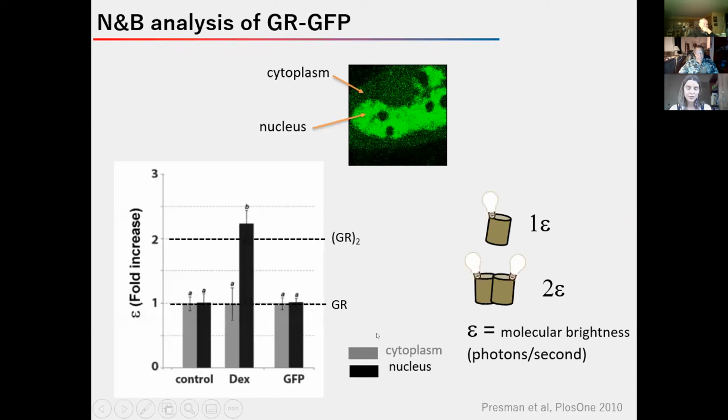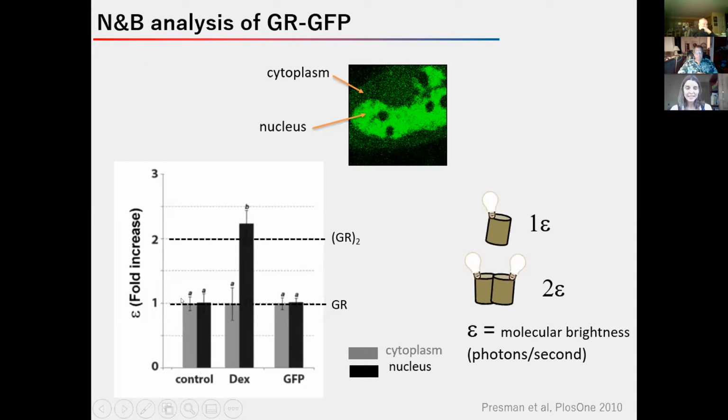So for this particular thing, we use NMB. You heard a lot about NMB during this workshop. And in here, what you can see is just an image of a cell expressing GFP-GR. It was stimulated with DEX, which is a glucocorticoid. I'm going to talk a lot about DEX.